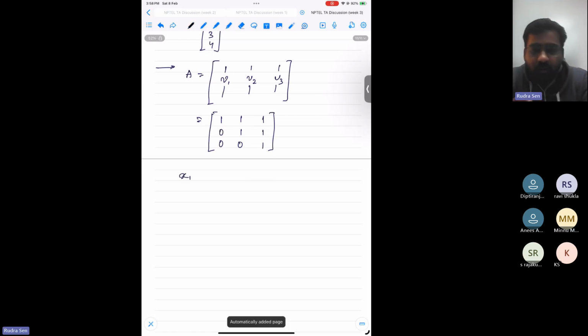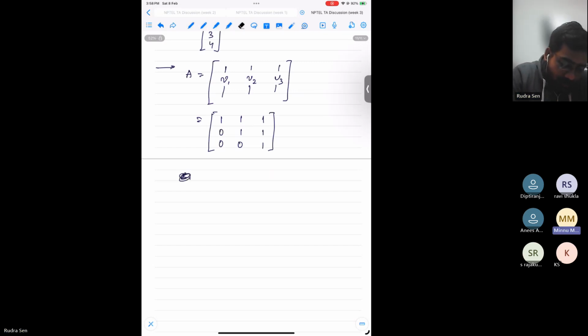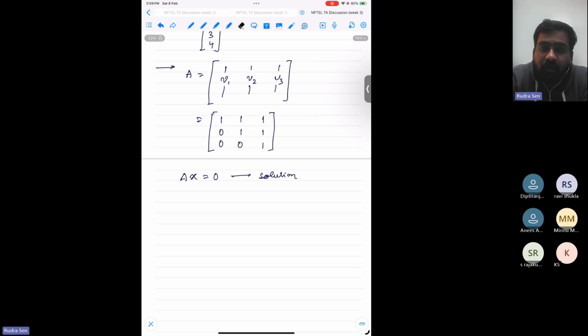When I'm talking about linearly independent, you have to check the null space, that is Ax equals 0. There does not exist any non-zero solution.